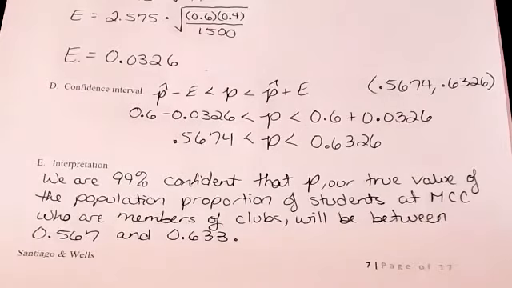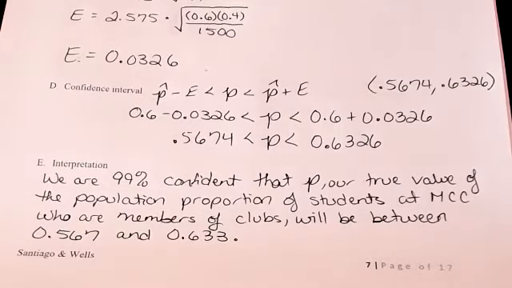I'm going to say this a different way just so that you are a little bit more comfortable with what we have written here in terms of our interpretation. We are 99% confident that if we went to MCC and we surveyed all of the students and we got the actual proportion of students who belong to clubs at MCC, it would be between 56.7% of the students and 63.3% of the students.